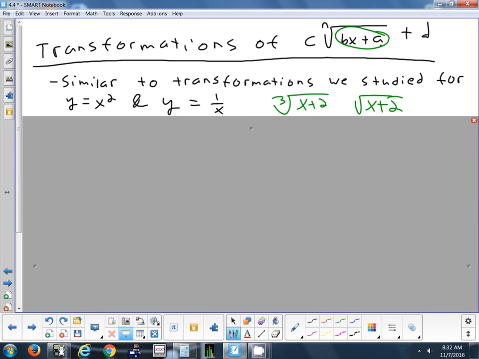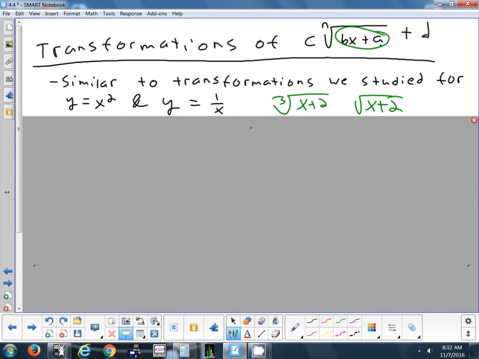If either B or C is a negative, what would that do? When you put a negative in, that causes the graph to do what? Like if you were to graph x squared versus negative x squared, they would be what of each other?